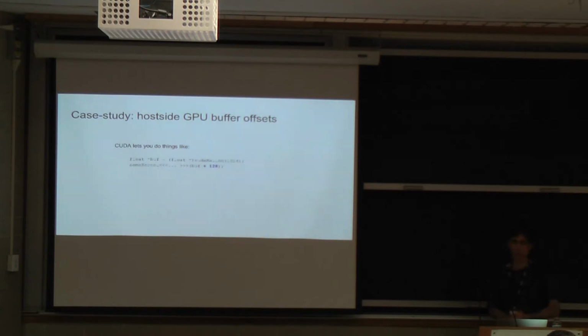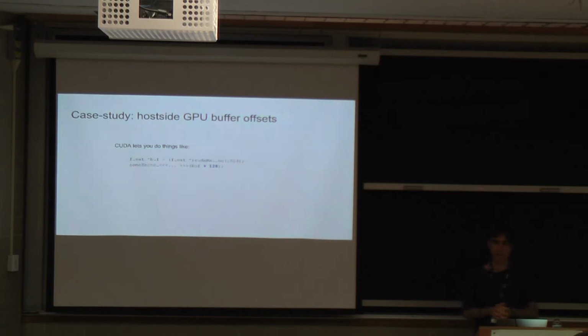CUDA lets you do things like call cudaMalloc, and you get a GPU buffer. That buffer is allocated on the GPU, and you receive a pointer which represents that buffer on the GPU. You can then pass that into a kernel launch, and that's going to assign that buffer to that kernel to be used.